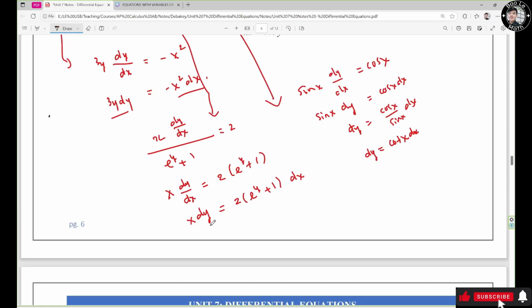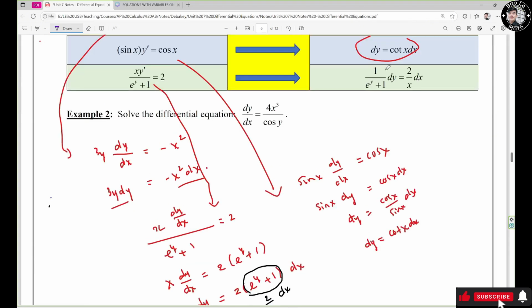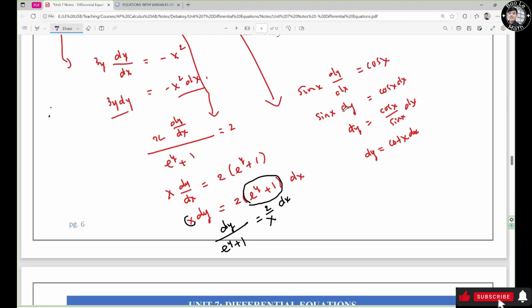Now remember that dy and ds must be in the numerator, so you need to divide both sides by e to the y plus 1 and s. So dy divided by e to the y plus 1 equals, ds goes over here, 2 over s ds. That's why you get this one.